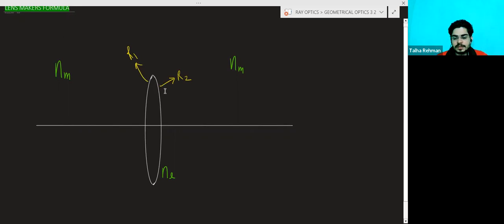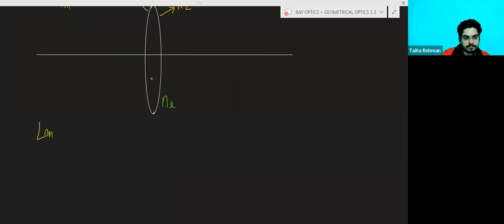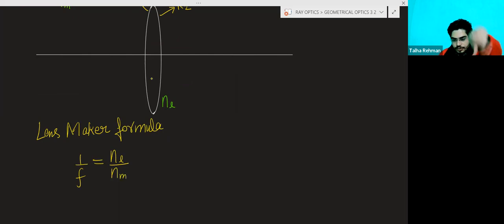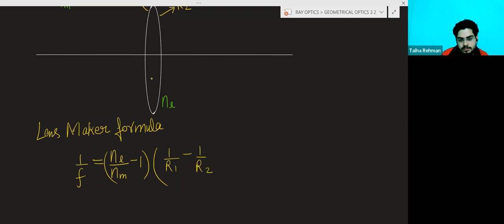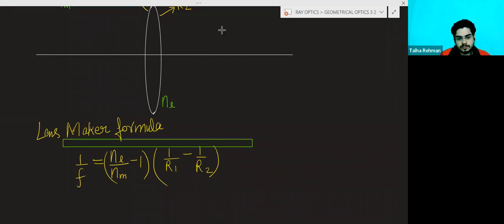The focal length of this lens is given by the lens maker formula: 1 upon f is equal to (refractive index of the lens divided by the refractive index of the surrounding medium minus 1) times (1 upon R1 minus 1 upon R2). So this is the lens maker formula.